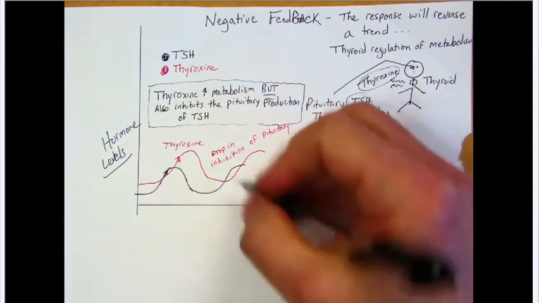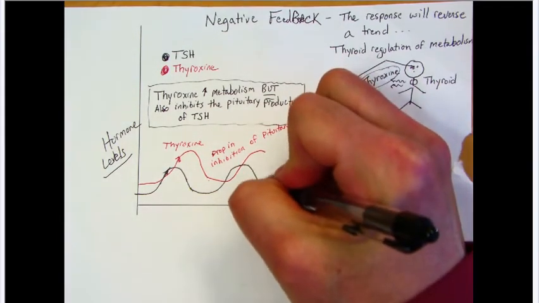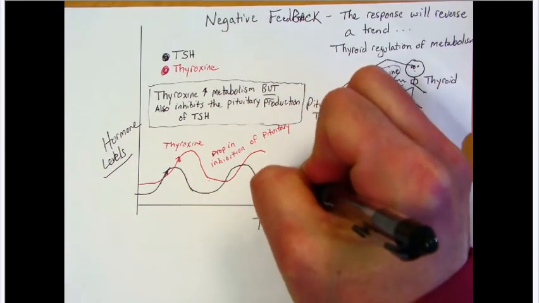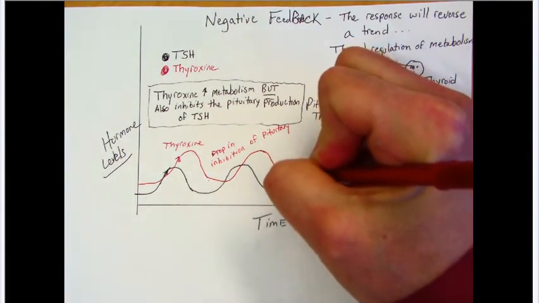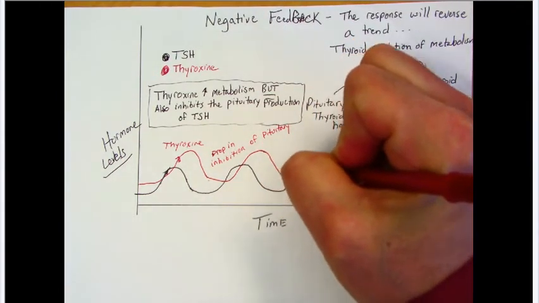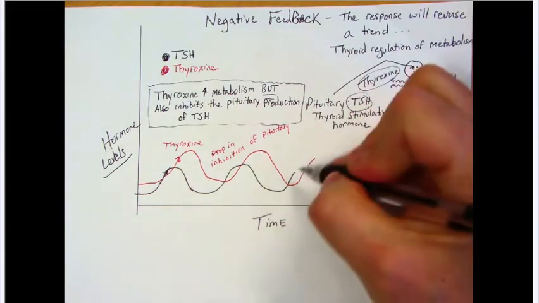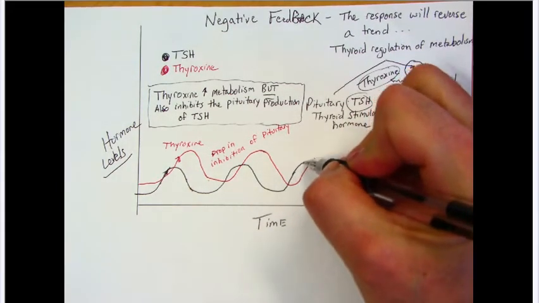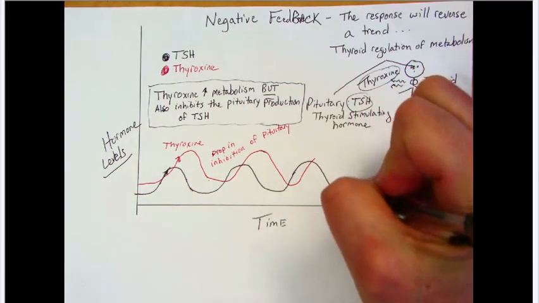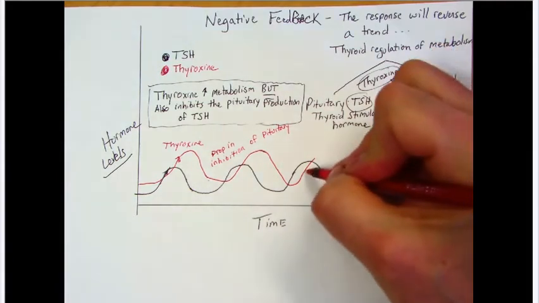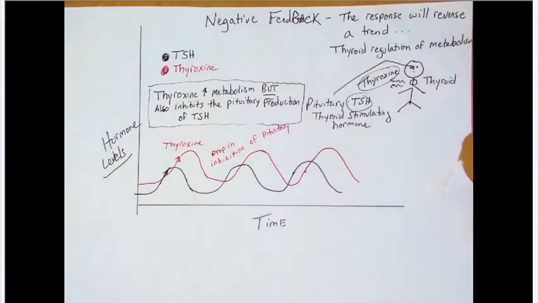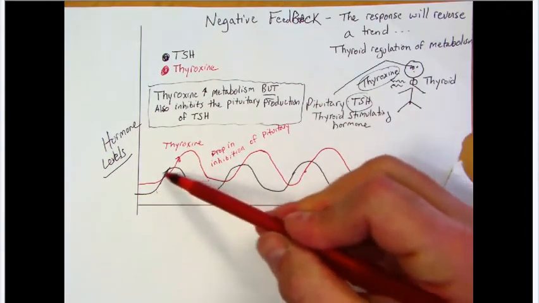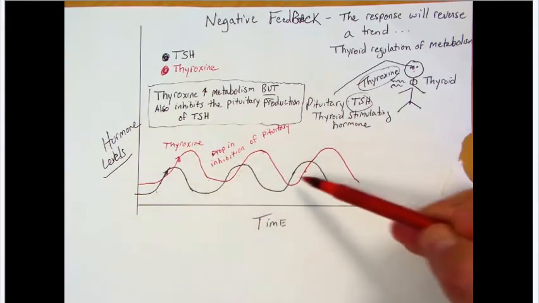There's going to be, over and over, the rise and fall of pituitary hormone and thyroxine. And if you look closely at it, you see the peaks correspond with each other.